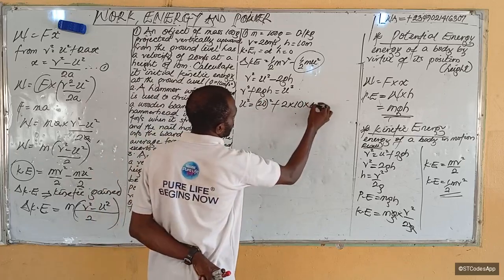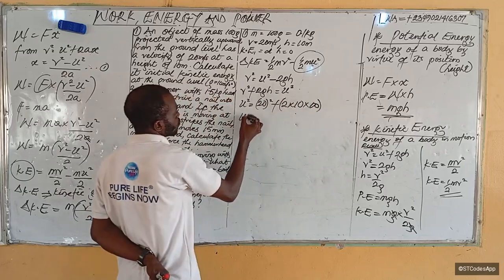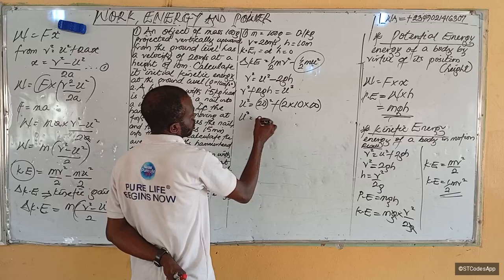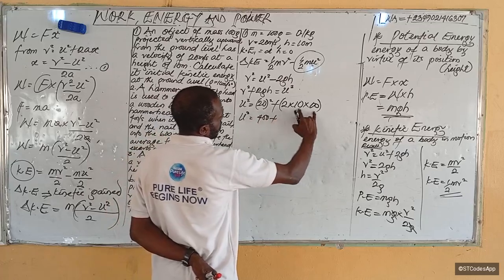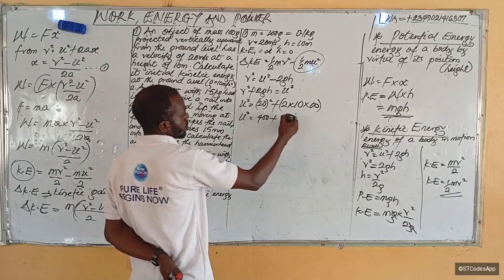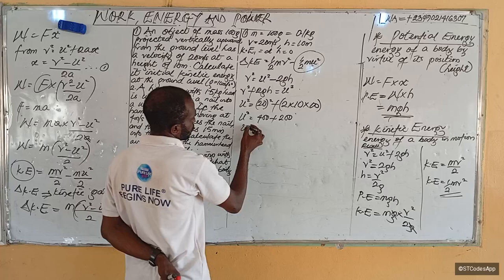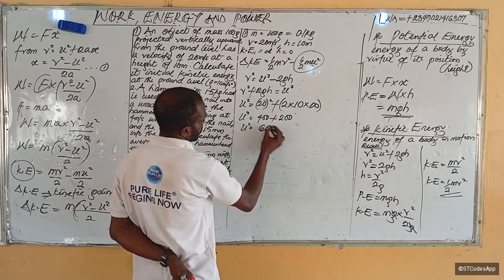H is 10. So u squared equals 20 squared, that's 400, plus 100 times 2, 200. So u squared equals 600.